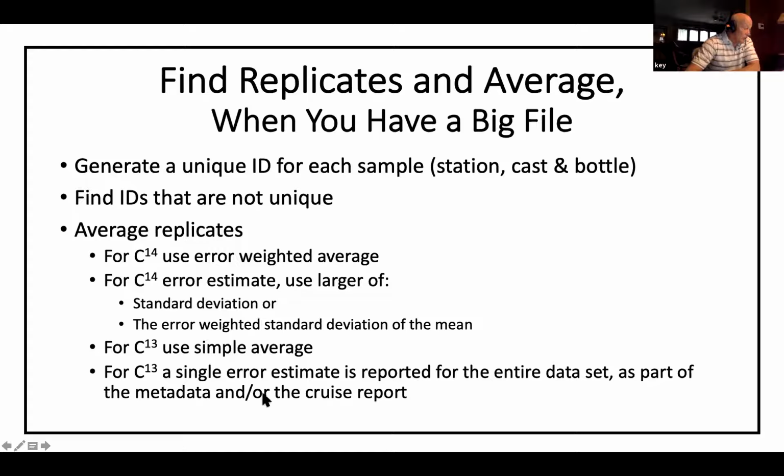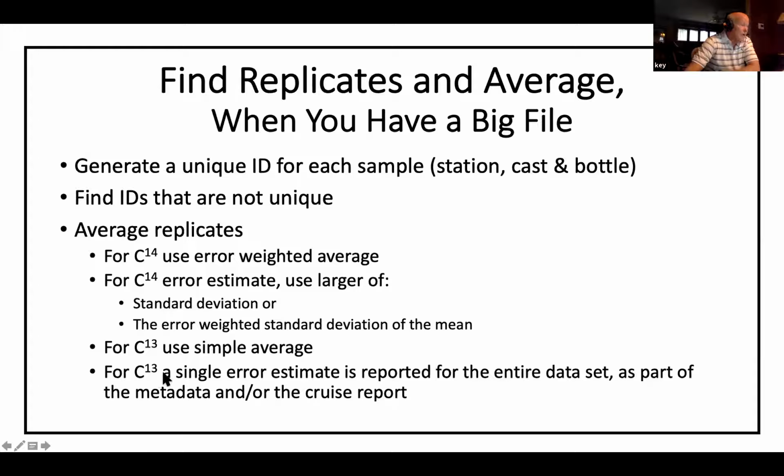Consequently, what we're forced to do is, somewhere in the metadata, and there are actually two places to do it, report an estimated C13 uncertainty for the entire data set. The two places where this shows up: it should always be in the cruise report, the little write-up you do for your cruise report.